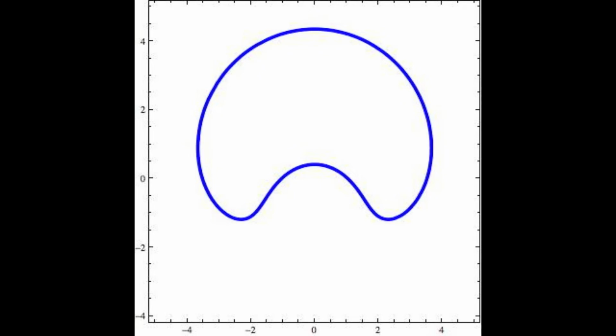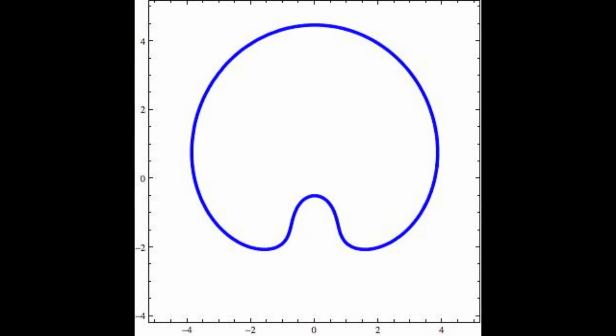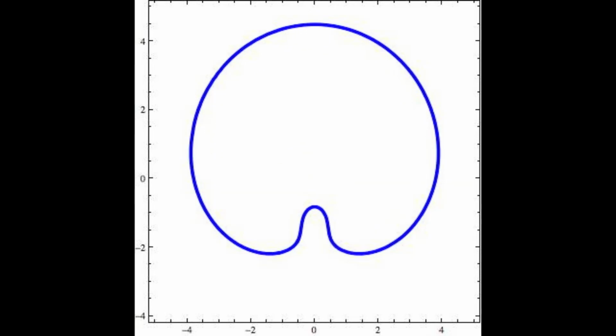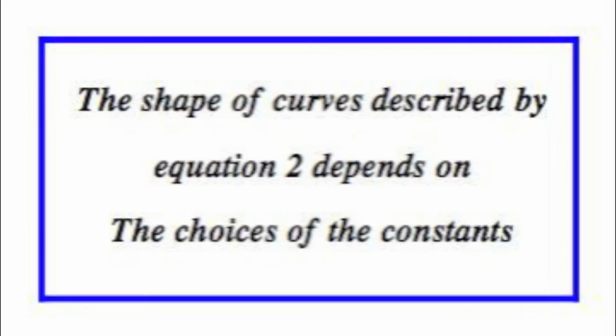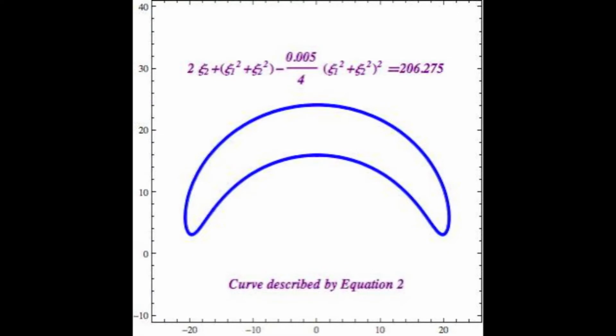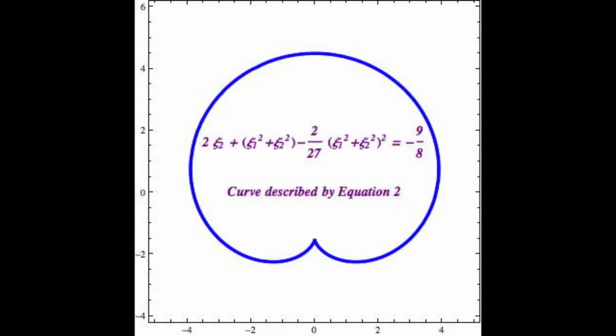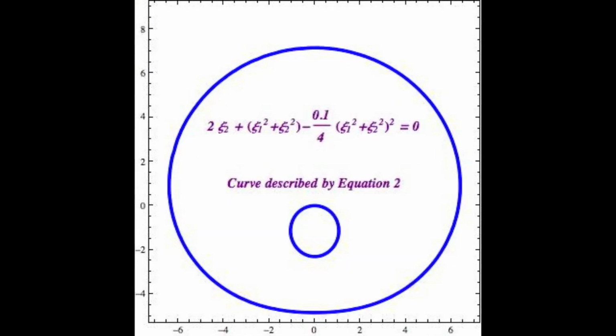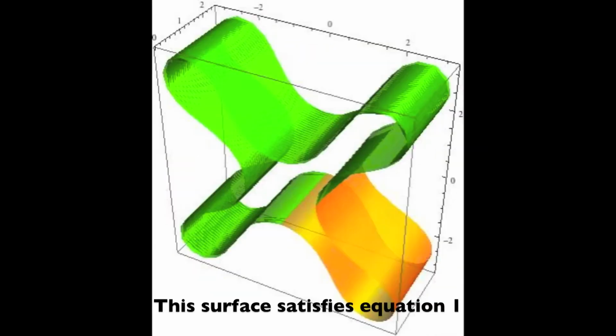Here are several images of the points described by equation 2. As the images show, for some choices of C, A, and lambda naught, the collection of points may define a smooth connected curve, a connected curve with a cusp point, or a non-connected curve.